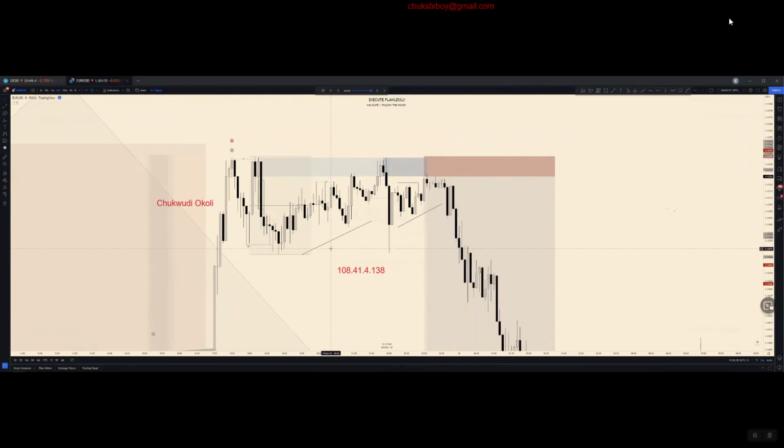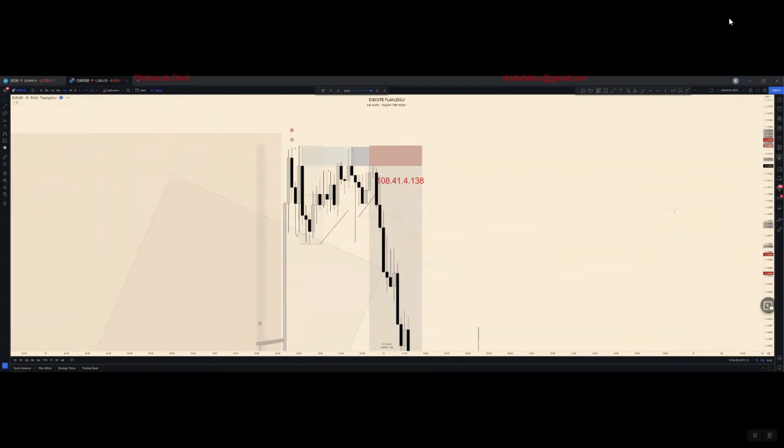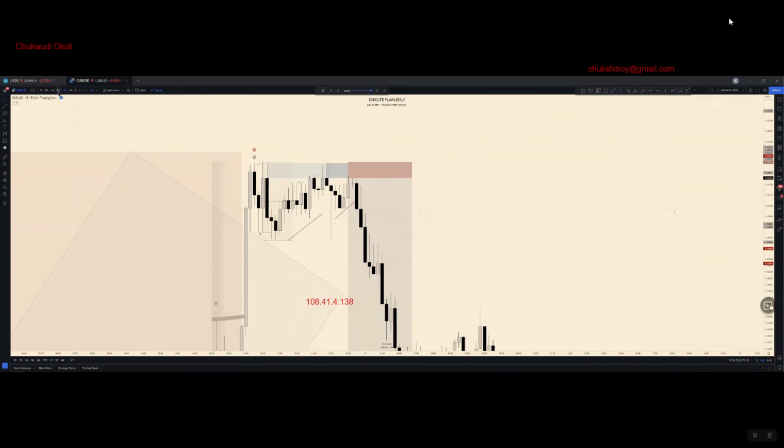But because this is a 5-minute range, actually a 15-minute range, it's a bit of a different story. Sometimes there are 5-minute ranges that are quite small and compact, and you don't get this 15-minute price action.